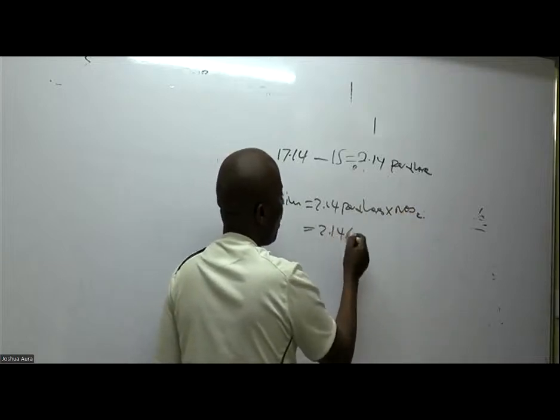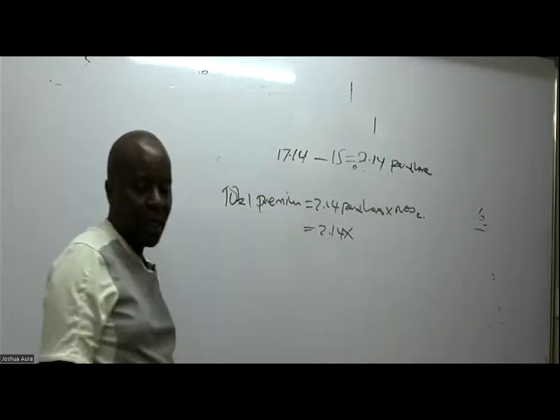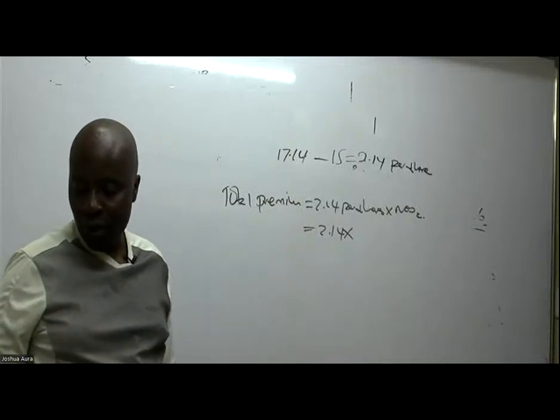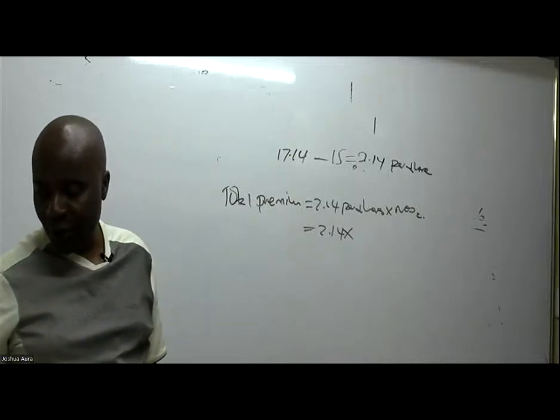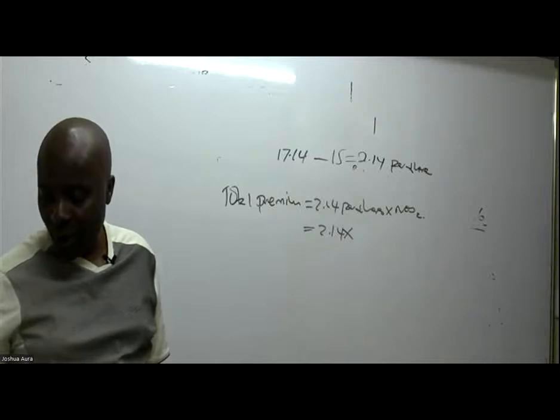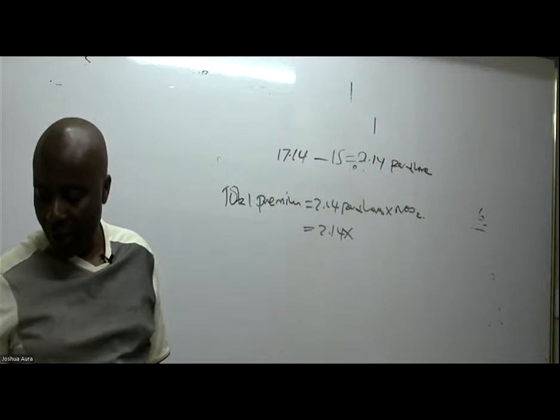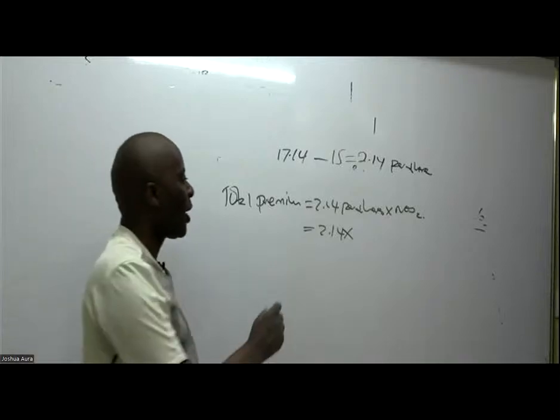So it will be 2.14 times number of ordinary shares of company 2, which I can see there are 2.